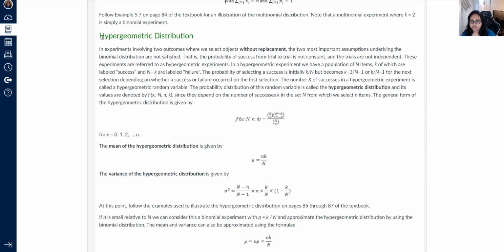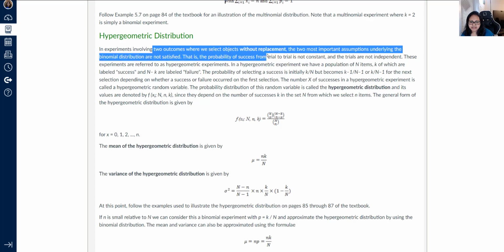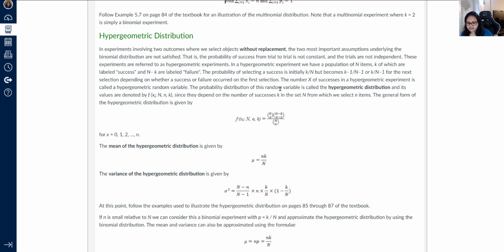Let's talk about hypergeometric distribution. It's similar to binomial distribution, but again there is a difference. In binomial distribution, the trials were independent, but here the trials are not independent. If we have 2 outcomes and we select the objects without replacement, that means first I got the outcome from a trial, and then I separated it, then I do the second trial and get the outcome.